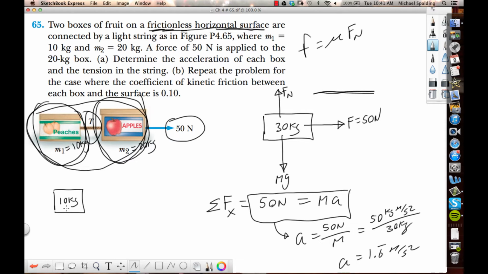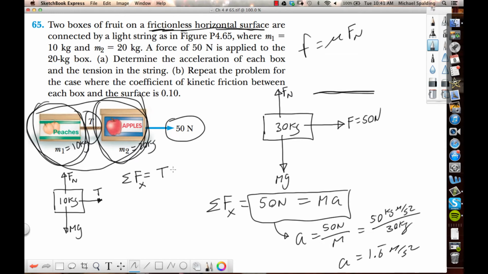So what are the forces on M1? You got mg down. You got normal force up, and then you have tension. The rope is pulling to the right. And there's no friction, so there's no force to the left. So now for this situation, we sum the forces in the x. We don't even need the y direction here. What's the only x force?